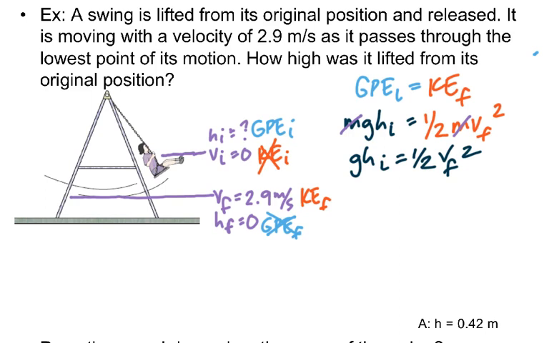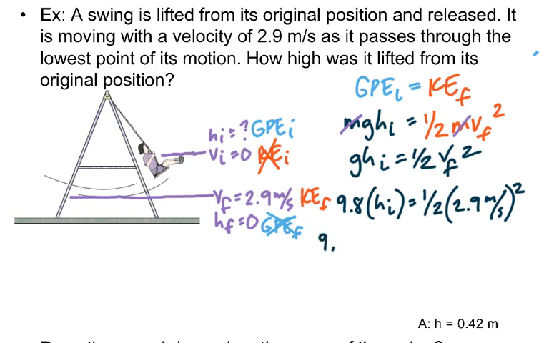Okay, so let's go ahead and plug in our numbers. We have 9.8 for g times an unknown height. I'm skipping units here just because I'm going to run out of space. And then I have 1/2 times 2.9 meters per second, and I need to square that. So first step would be to square that 2.9. So 9.8 times hi equals 1/2 times 8.41.